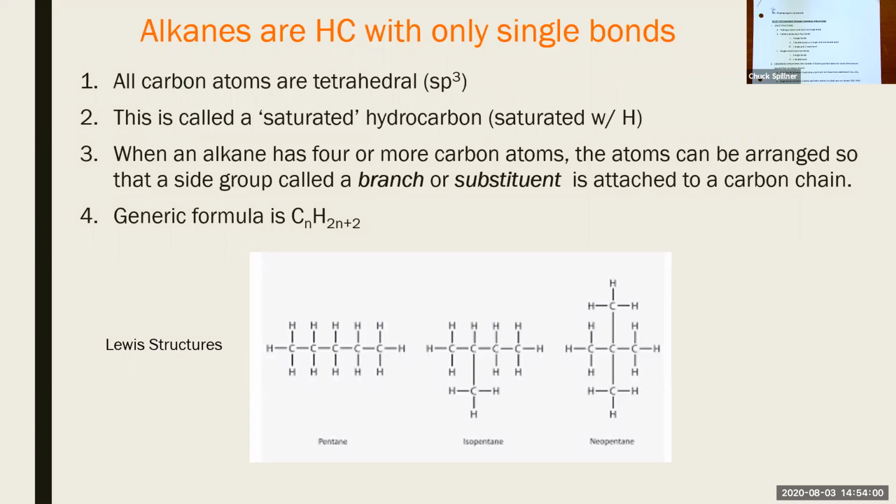If you remember, last time we looked at the simplest alkane, methane, which is CH4. If n is equal to 1, the formula becomes CH4. So here is an example of a linear alkane on the bottom and two branched alkanes.